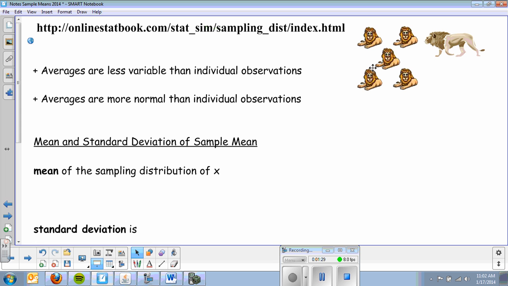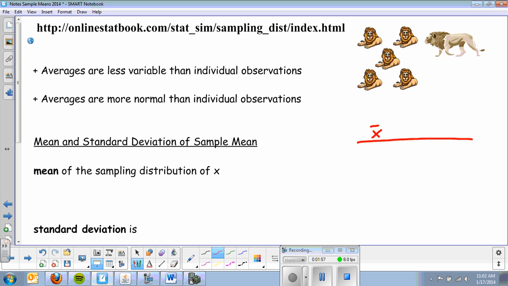So just to give you an example, when we calculate the mean and standard deviation, let's say I wanted to investigate whether lions that were captive or in zoos were malnourished. I would take random samples out of these lions in zoos, and I would calculate their mean weight. So I'd take a random sample of 5 lions, and I'd calculate their x-bar.